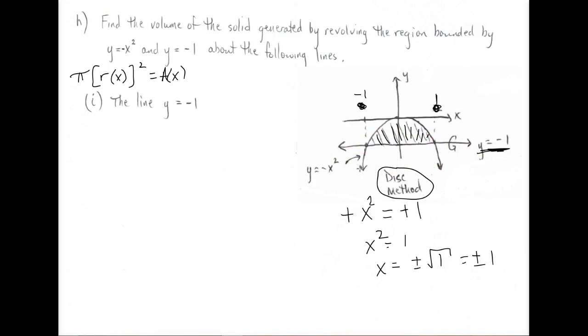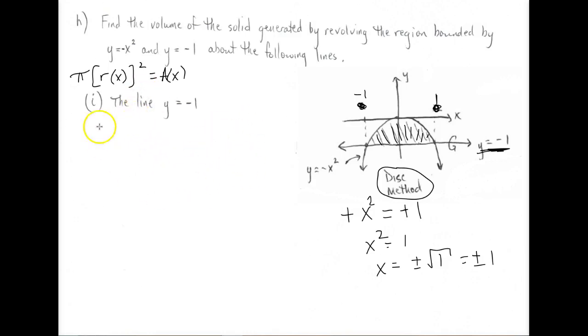Rotating about a horizontal line means that we integrate with respect to x and define our functions with respect to x. If we rotate about a vertical line, then we integrate with respect to y and define our functions with respect to y.